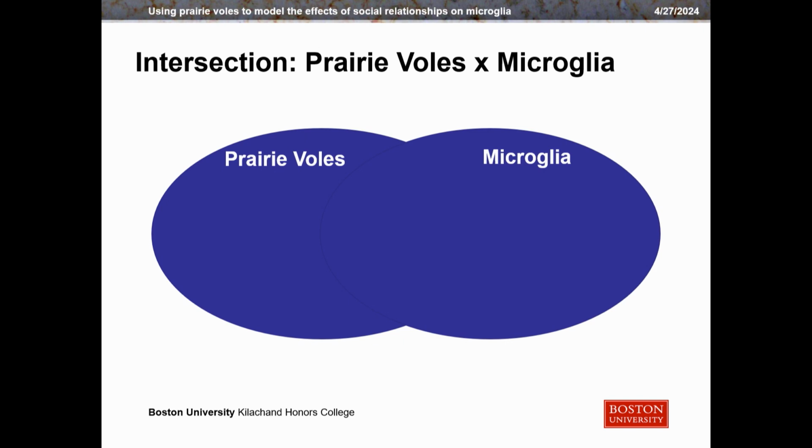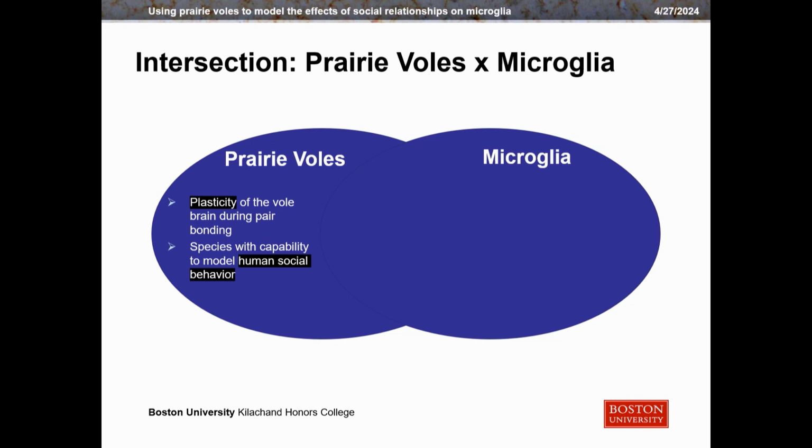So before I give you my research questions for this project, it's really important that I clearly define this intersection between prairie voles and microglia. As I mentioned, prairie voles exhibit this pair bonding period, and this pair bonding period is a period of plasticity in the brain. Additionally, they are a species that allows us to model human social behavior and those 3 types of relationships I mentioned at the beginning.